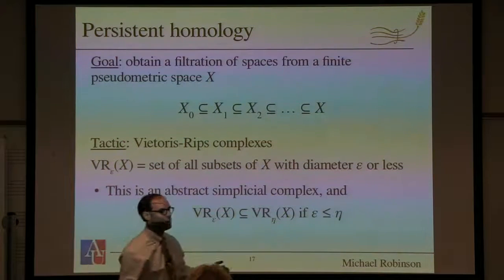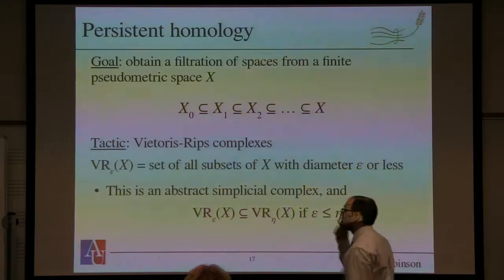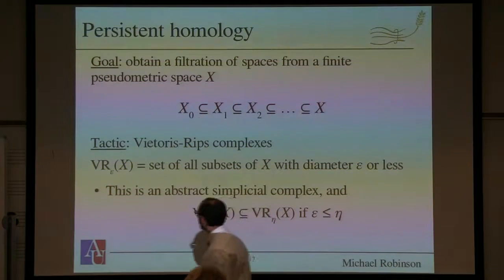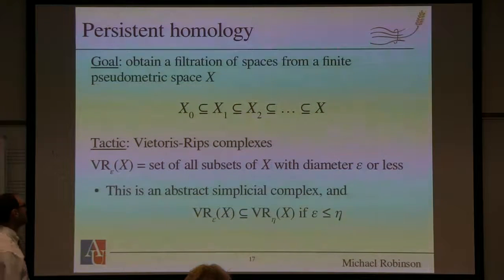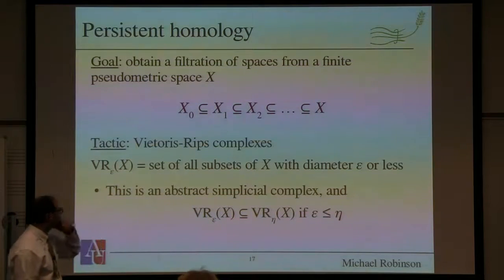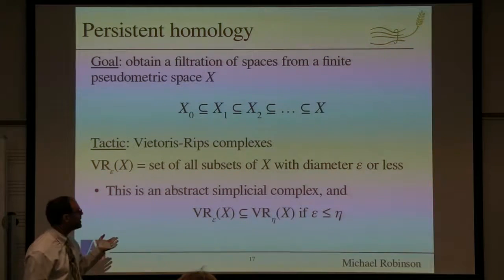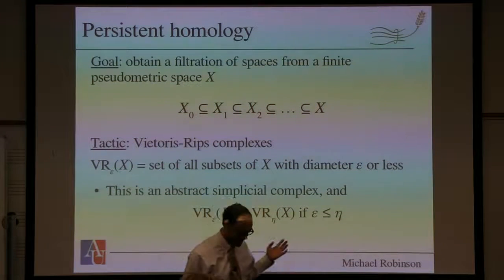These are point clouds in some high-dimensional space is the best way to think of them. The tactic is to use what's called a Vietoris-Rips complex, which is basically a geometric object which is built up as an abstract simplicial complex where I take every simplex, and every simplex corresponds to a set of points with diameter epsilon or less.